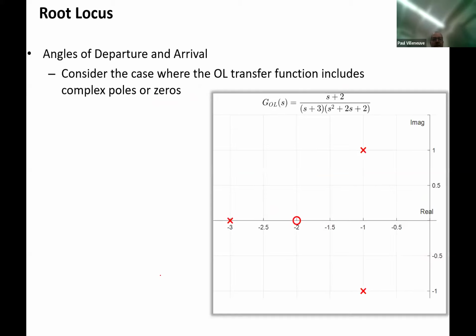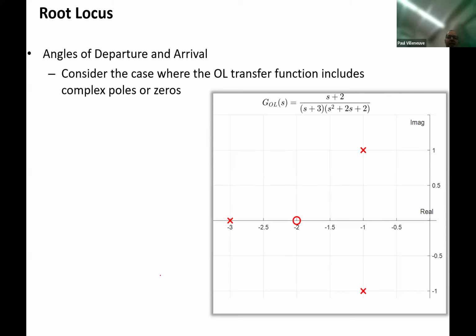Last little bit: angles of departure and angles of arrival. What are the angles of departure and angles of arrival? Well, what if we actually terminate or start, either one, at complex conjugate pairs?